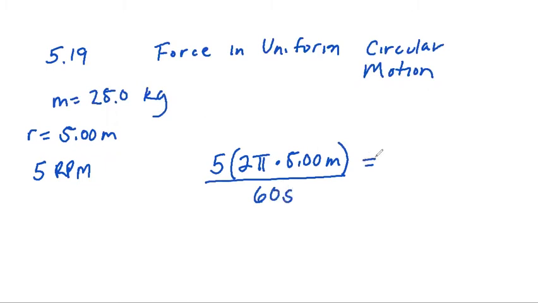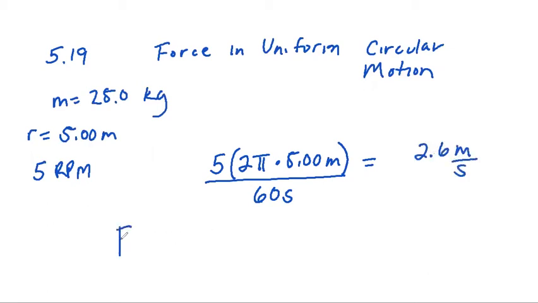Let's get that. I think your book does it differently, skips a step, but I'm not going to do that. 5 times 2 times pi times 5, divided by 60, equals 2.6 meters per second.